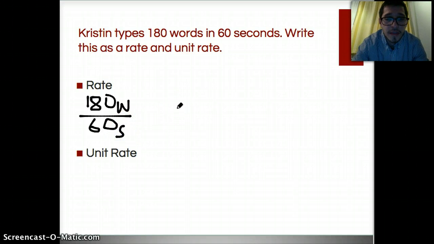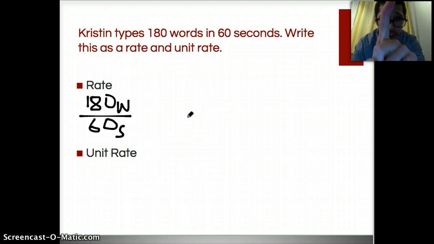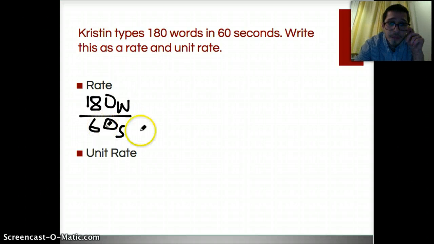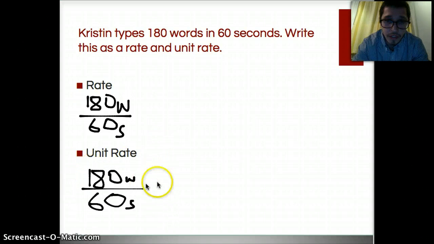Alright? Now, to get the unit rate, we want to get the denominator equal to 1. Just 1. So we're going to divide both the numerator and the denominator by 60.